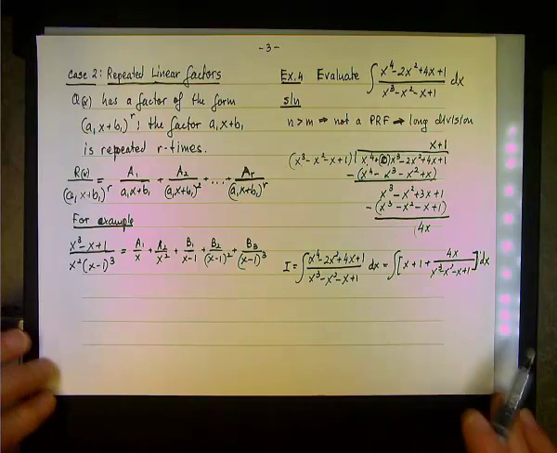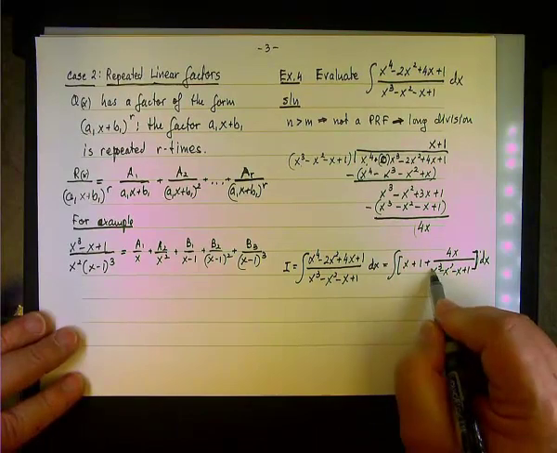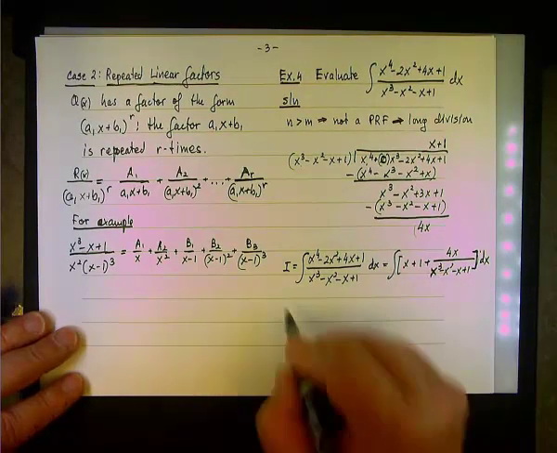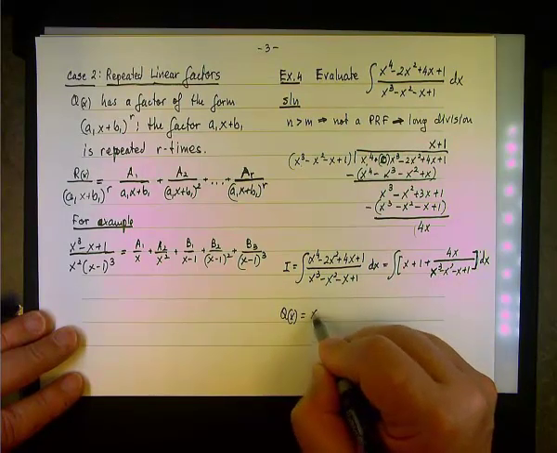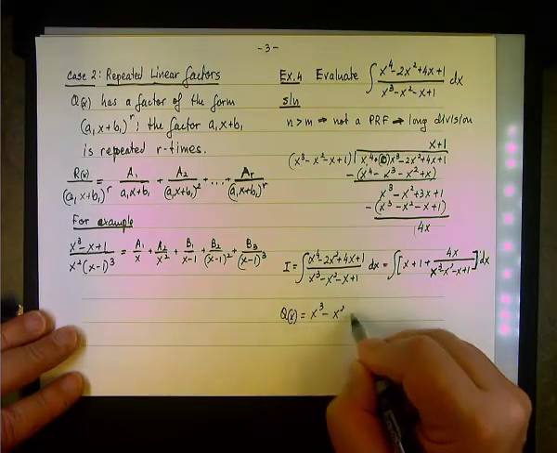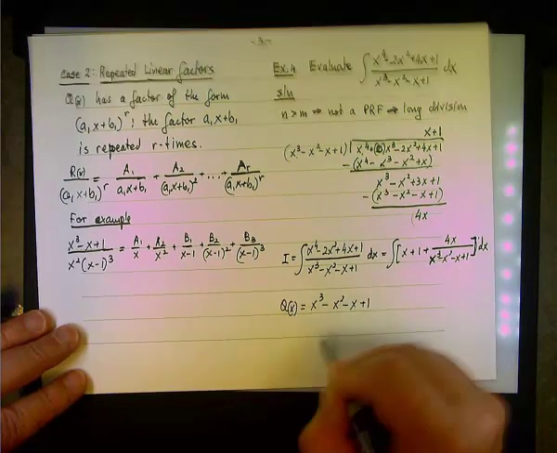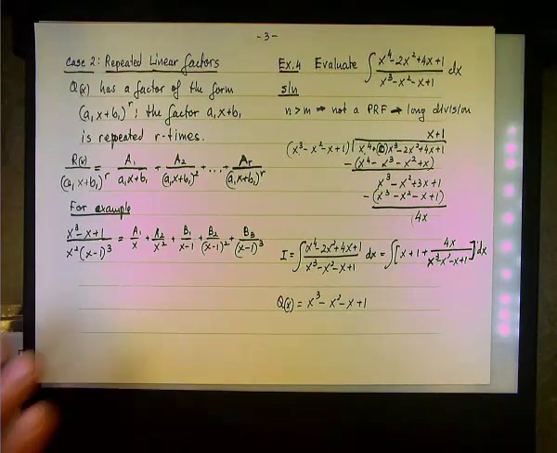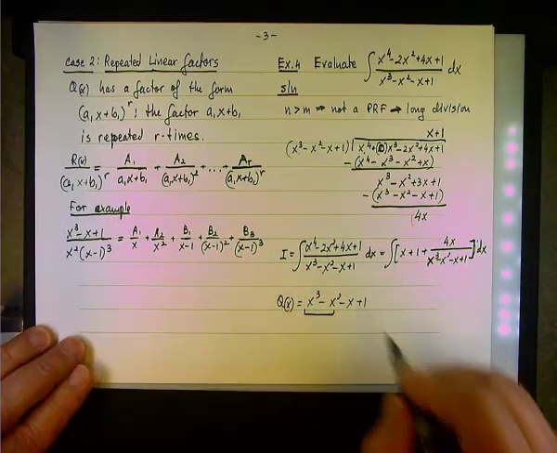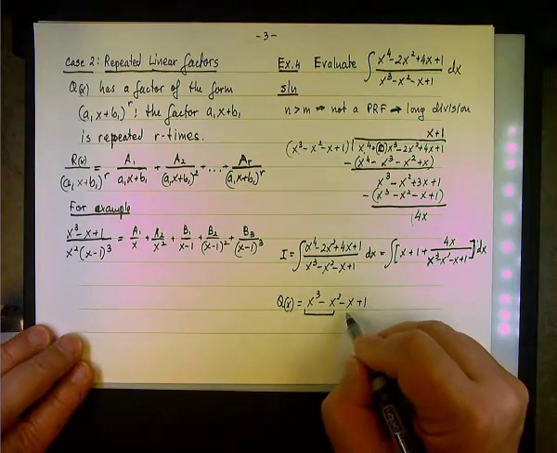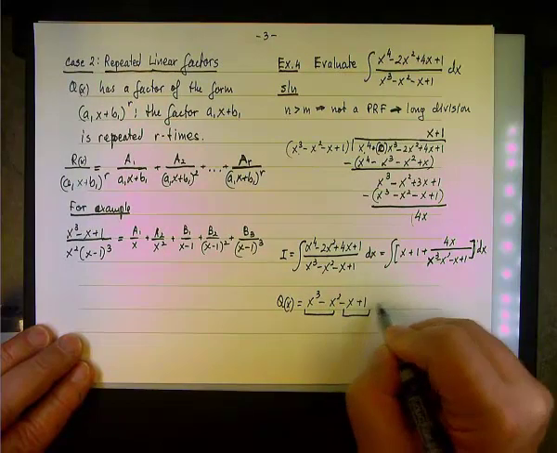So we need now to find out the factors of the denominator, x cubed minus x squared minus x plus 1. To factor this, you can group it into two groups, x cubed minus x squared, and then negative x plus 1.